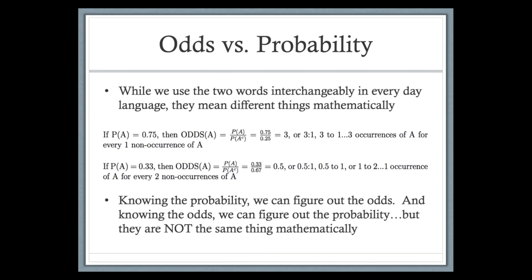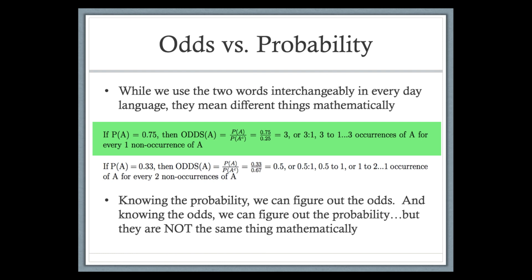Let's just get into the difference between probability and odds. If the probability of A occurring is 0.75 or 75%, then the odds of A occurring are the ratio of the probability A happens to the probability A does not happen, or 75% divided by 25%. It's a ratio of occurrences to non-occurrences.